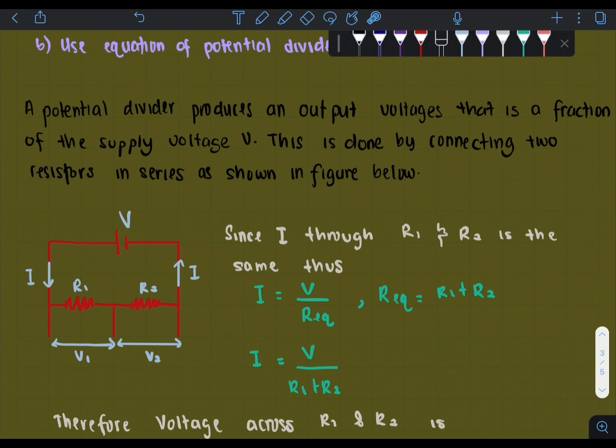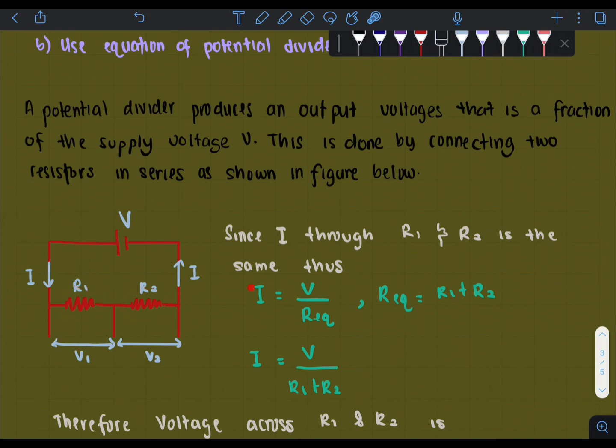Okay, as we can see, we are going to produce current flowing from the power supply. This current that comes out from the power supply is going to pass through resistor 1, resistor 2 and goes back to the power supply. So the current that passes through resistor 1 and 2 is the same. Okay, so the current across R1 and R2 is the same current.